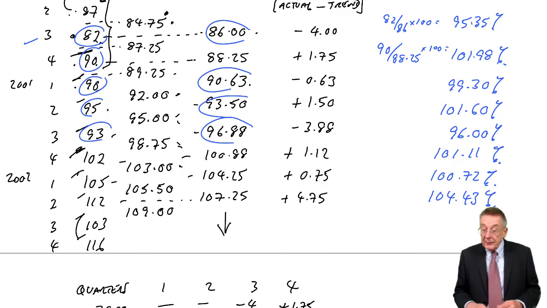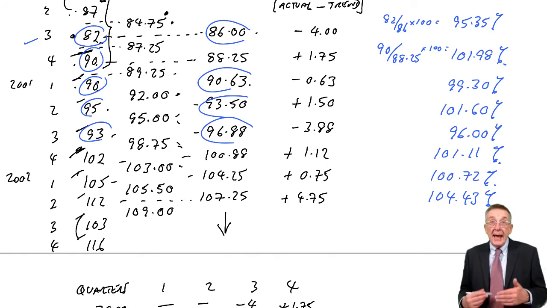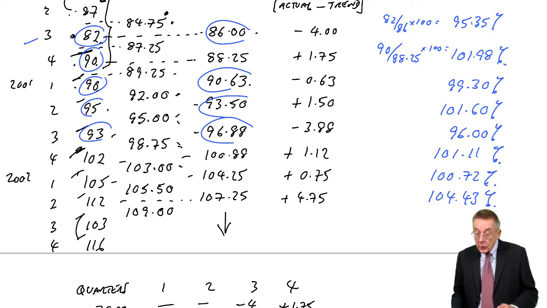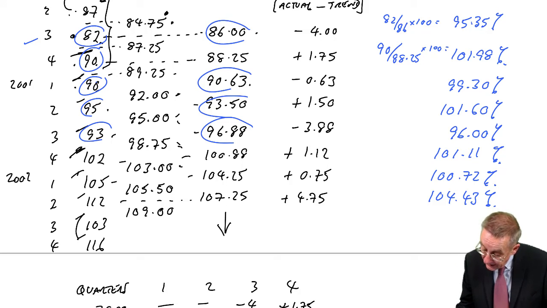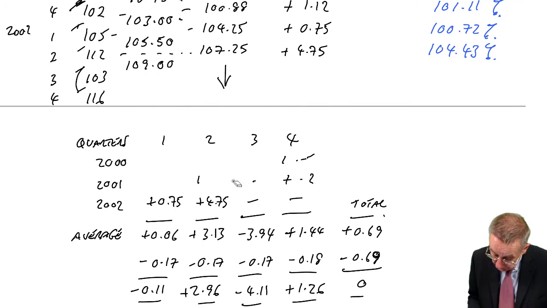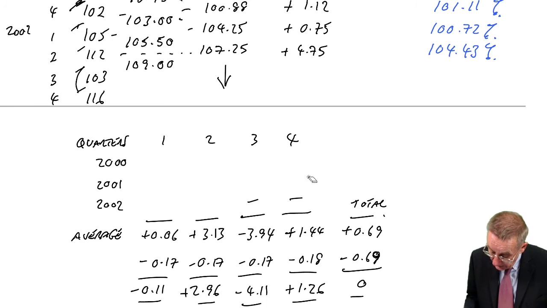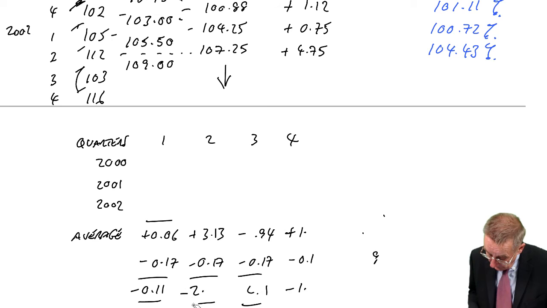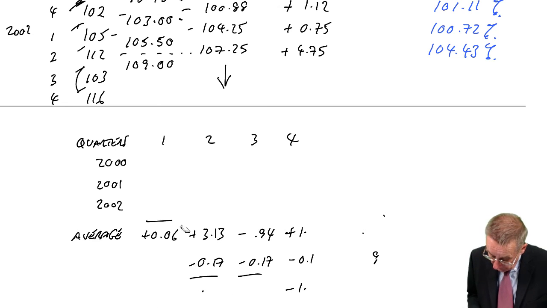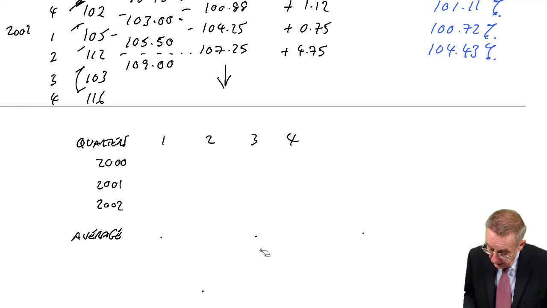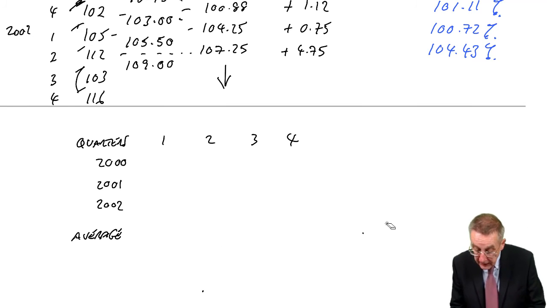And then just like before, we can calculate the average percent, the average seasonality for each quarter. So if I set up the table again, but this time in percents, I may as well use the same table, if you'll forgive me. Here we go. We have nothing for the first two quarters of 2000.